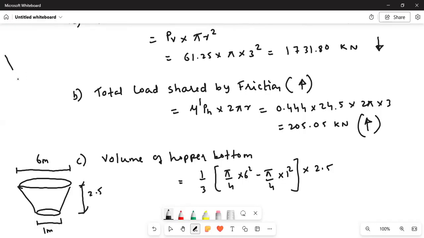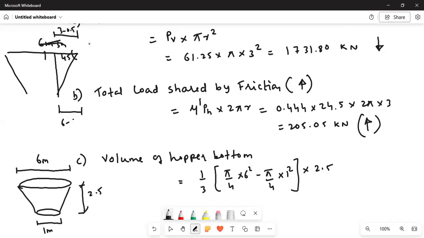You know how to find this distance. This angle is 45 degree, and this is 6 meter, and the half is 3 meter. Sorry, one second. So this horizontal distance is 3 minus 0.5, which is 2.5.